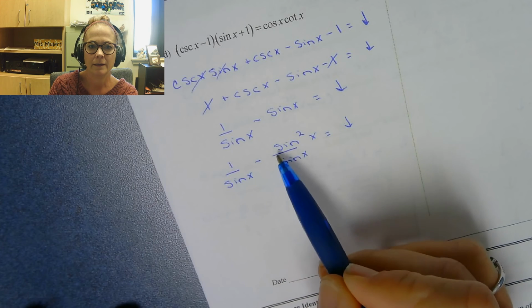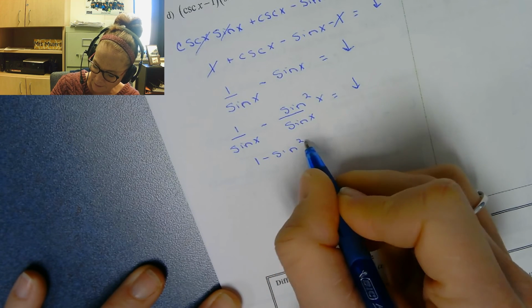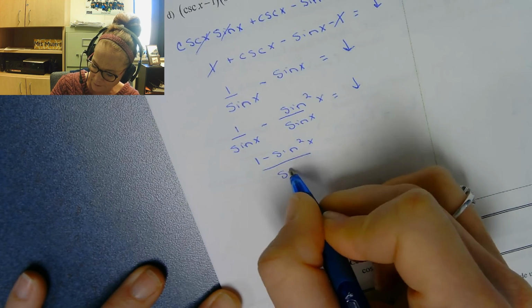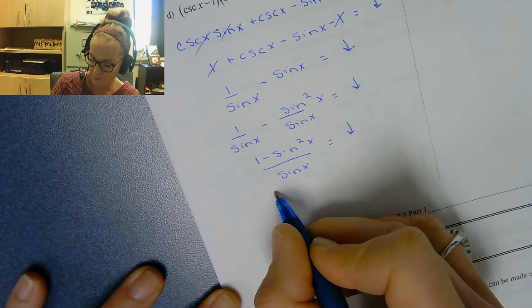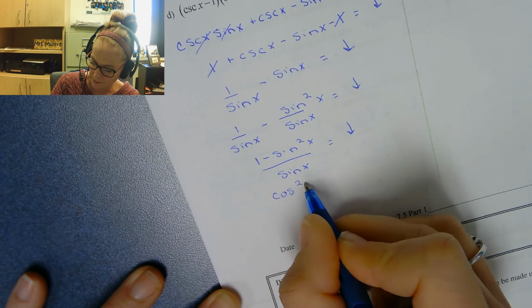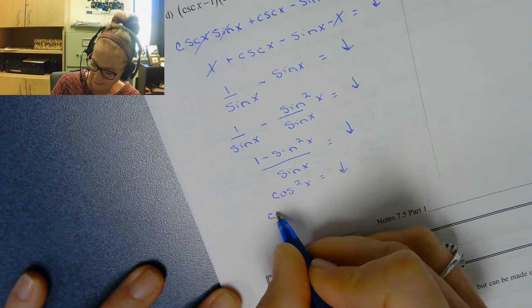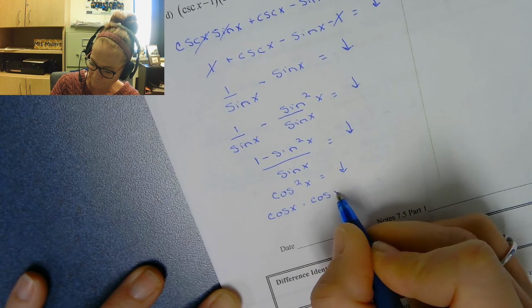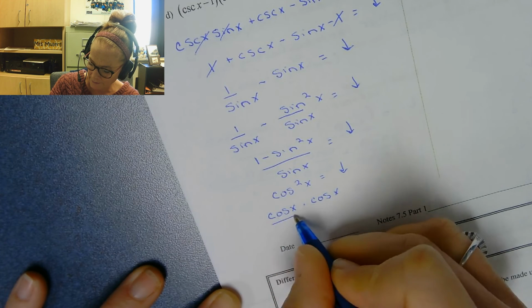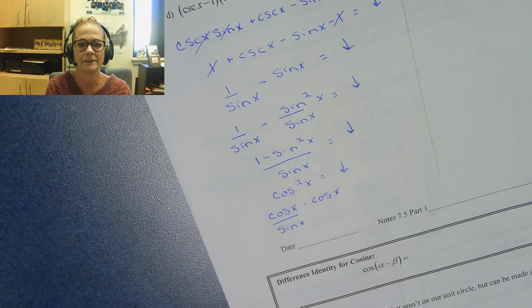And look what we're going to get here. 1 minus sine squared of x over your LCD. This is simply cosine squared of x, which I can split as cosine and cosine over sine, and let's just do a little shift here. Cosine under there. We're multiplying, so this is all allowed.